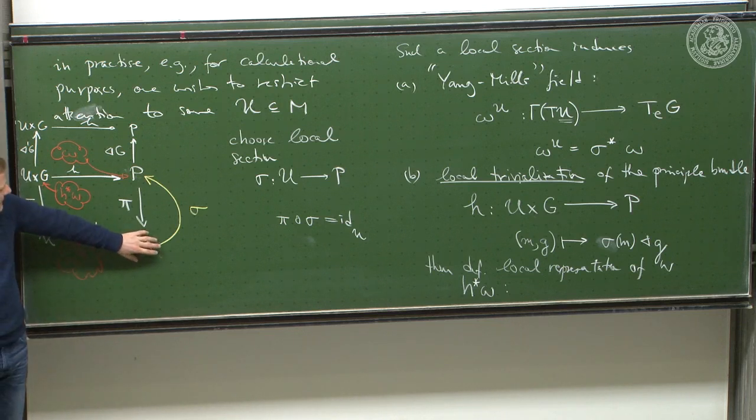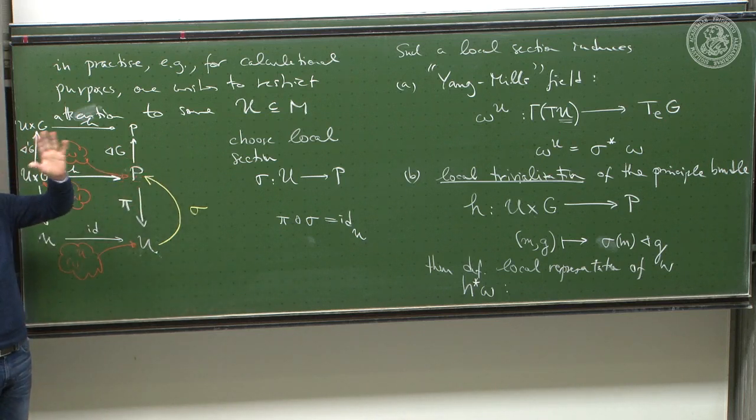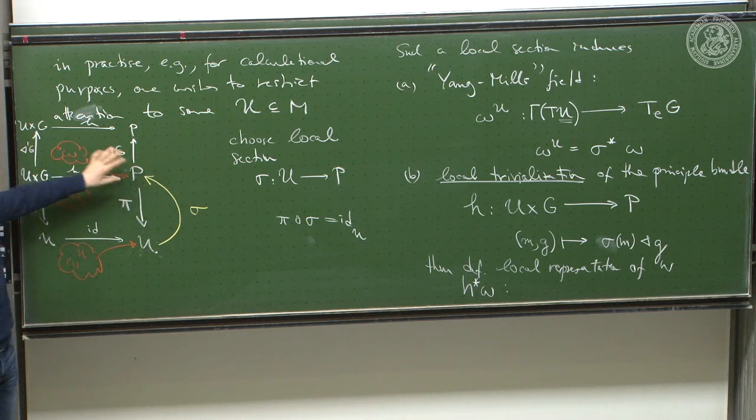So they're all these Young-Mills fields. You can then immediately construct this guy from them. I'll write down the formula in a second. And these are all kind of the local shadows, the local representatives of the abstract, everywhere defined connection 1 form. And these connections are important because they come up all the time. Questions so far? Okay.